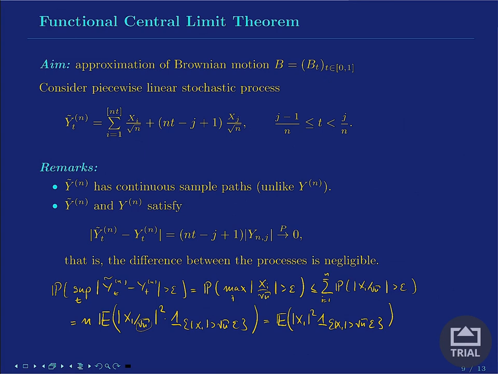Now we have finite variance for the xi, which is actually 1. So this sequence of random variables is dominated by x1 square, which has a mean.